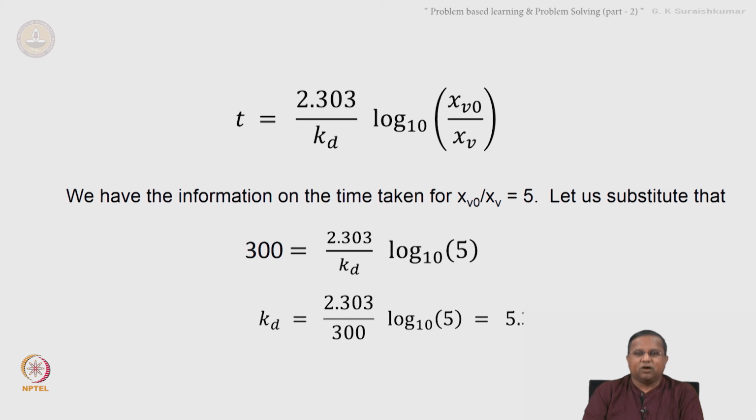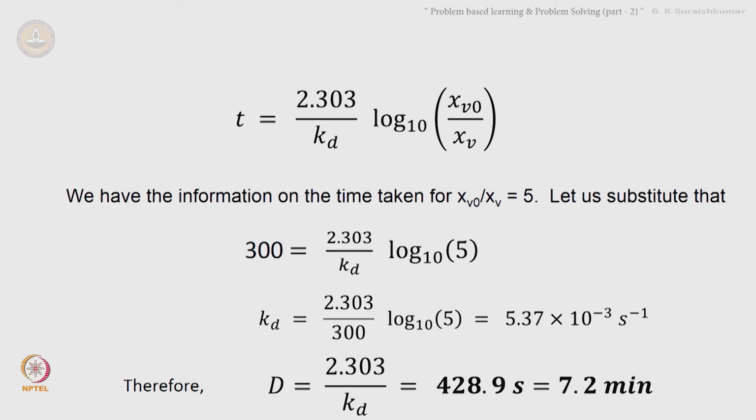Now, we have k d, therefore, it is rather simple to find out the decimal reduction time, 2.303 by k d. That turns out to be 2.303 by 5.37 into 10 power minus 3, or 428.9 seconds, or 7.2 minutes.